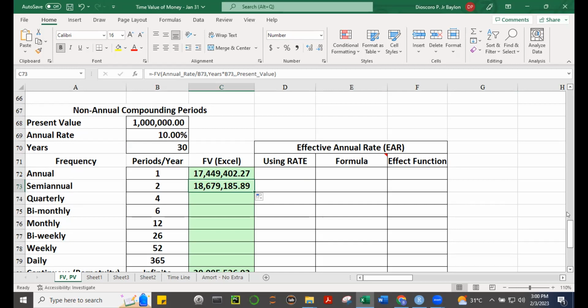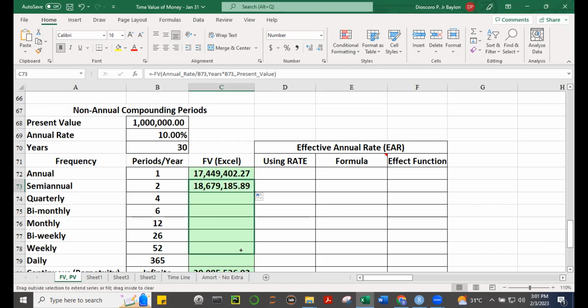Of course, if you're the investor, you'd like to have more compounding per year because your money will earn interest on the interest. However, if you're the borrower, you don't like this. You would not want the compounding of the interest to be more than once a year, because you'll have to pay more.